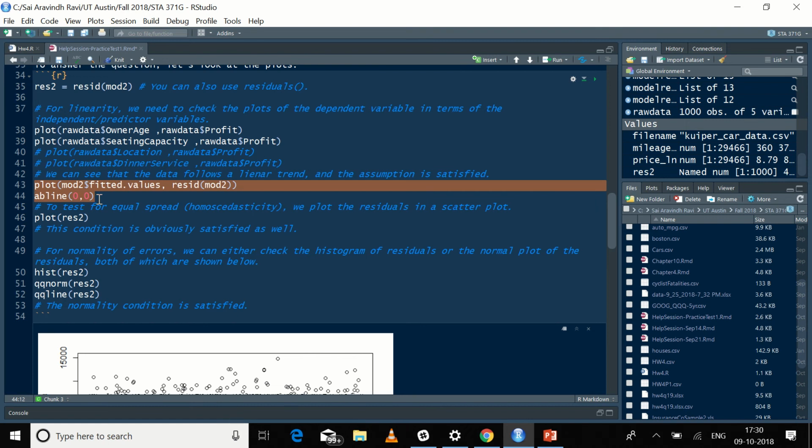Why we only check age for linearity. Oh no, there are the other two variables as well. It's just in comments below that. I didn't want to run all of them. He put them in comments, he checked them all.